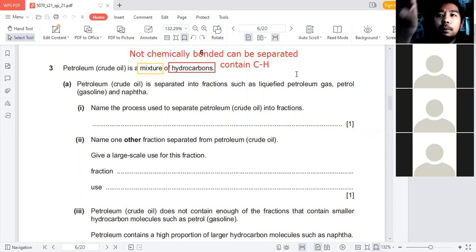We can't pinpoint and pick this one and that one. So what we do is combine the particles together by liquefying them, then we use fractional distillation to separate them. Okay, is there any questions?